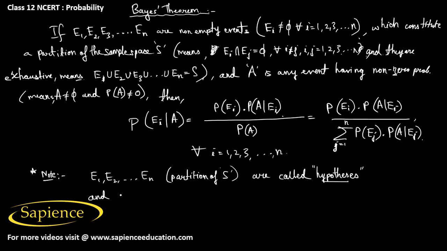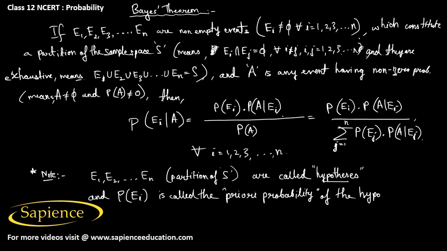And the probability of the event Ei is called the priori probability of the hypothesis Ei. It means each event is called a hypothesis. So P of Ei is called the priori probability of the hypothesis Ei. Okay.